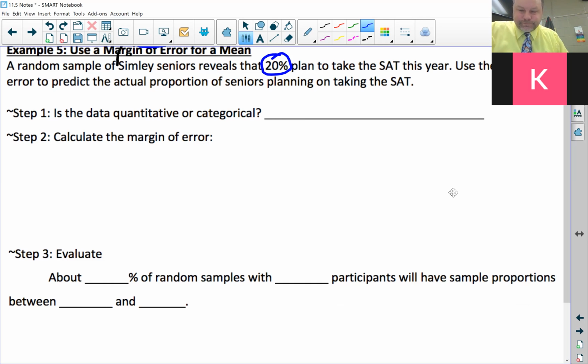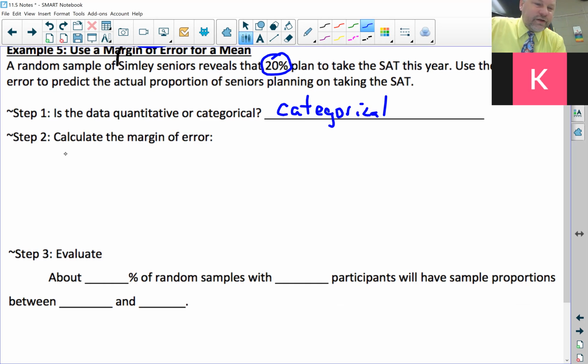I'm liking it. I think we have a unanimous decision on the type of data, and it is categorical. Basically, in our survey, we're saying, are you taking the SAT? They're answering yes or no. That's not a quantity, that's not a value. It's just a yes or a no.